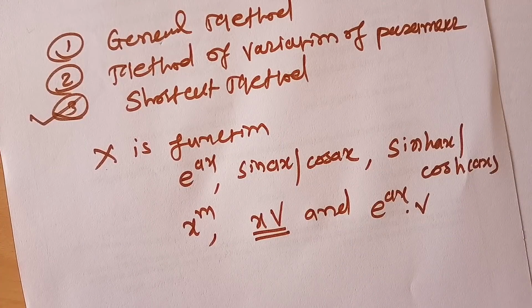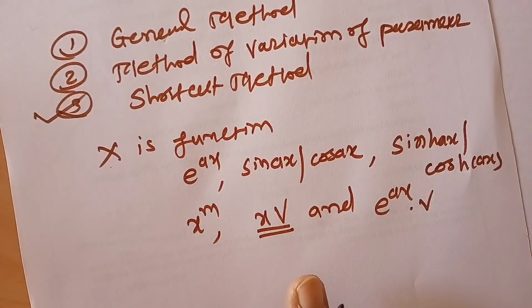This is a very simple method, and we can usually find PI orally under this method. Now we will discuss directly some results to find PI as per this method.